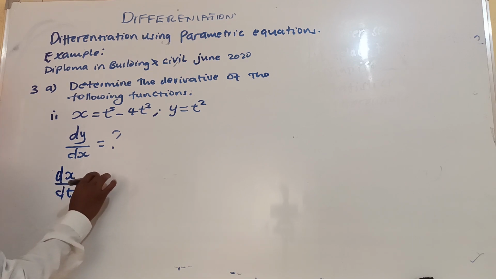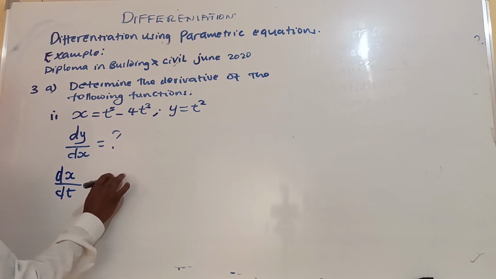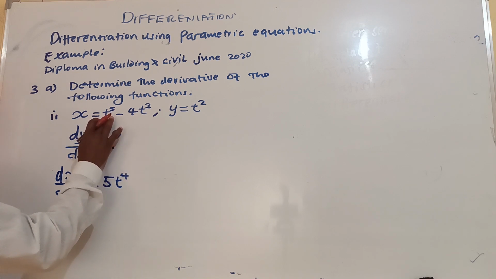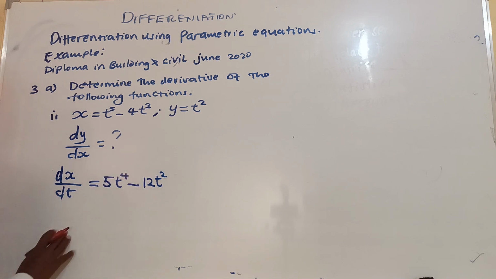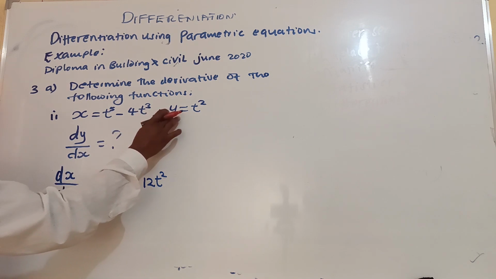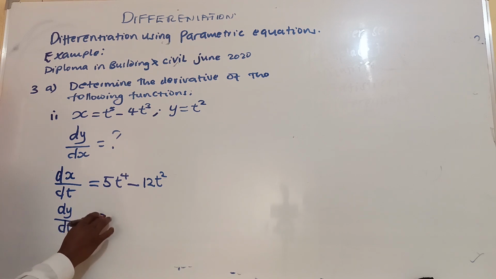What do we get? dx/dt is 5t to the power 4 minus 12t squared. We also take y and differentiate with respect to t, because in this case y is a function of t. This will be dy/dt equals 2t.